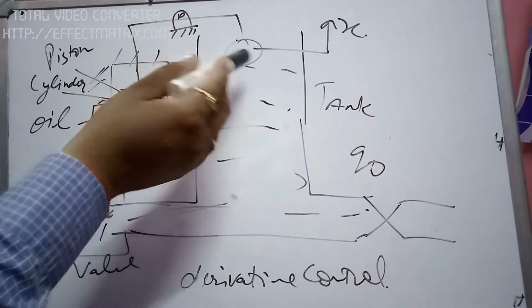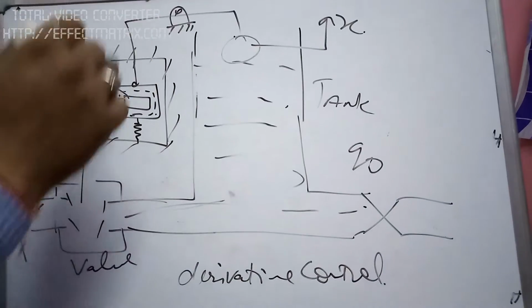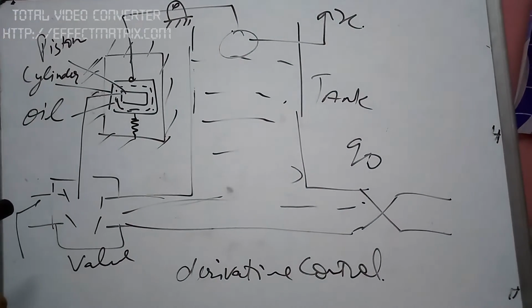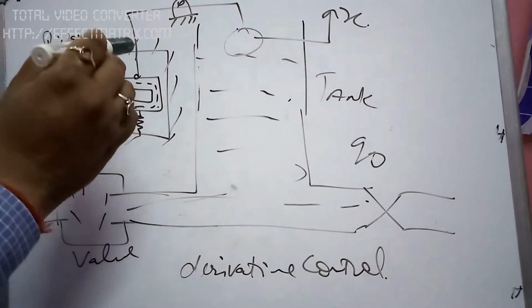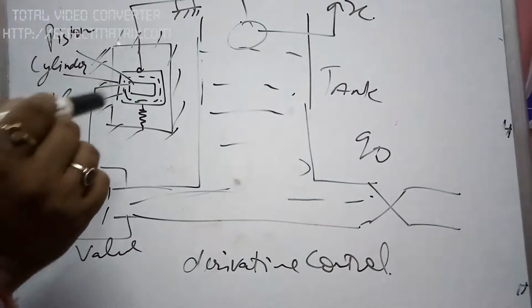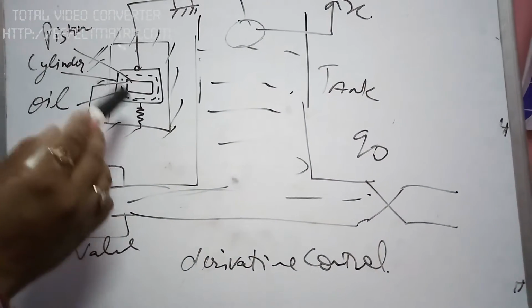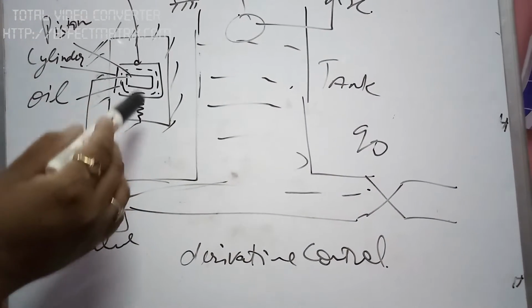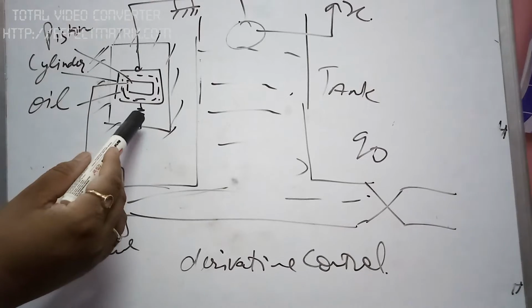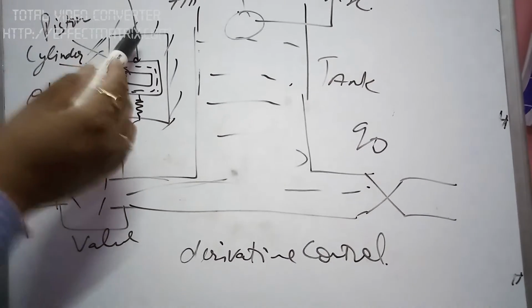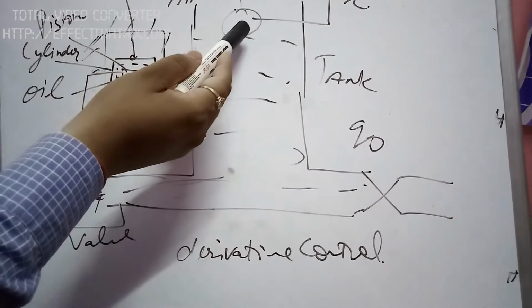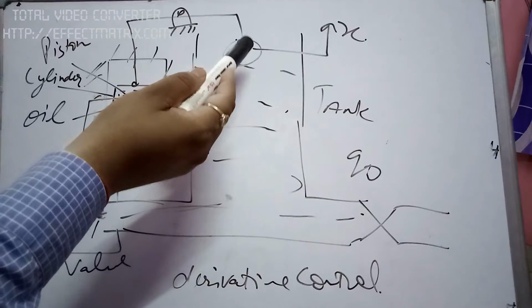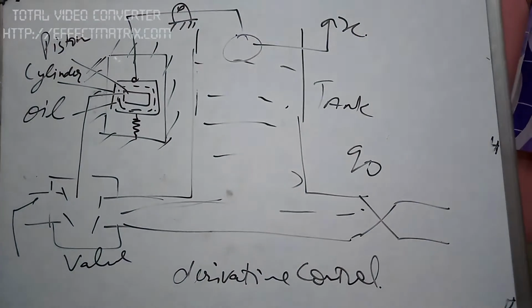Simultaneously there is a proportional force applied on the cylinder piston, so the piston starts moving in the oil, and there is a comparative force generated by the spring, proportional to this force, that is the proportional force created by the float.